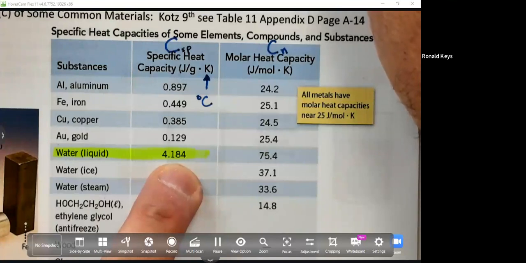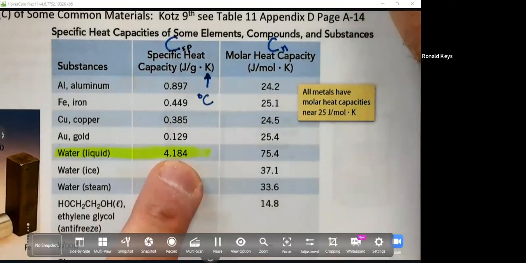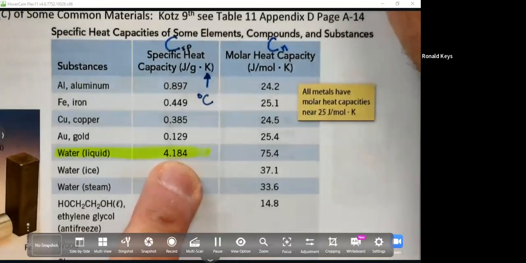It also makes it so that the lakes in the summertime, when it's 95 degrees out, don't get up to 95 degrees. So the fish stay alive. It takes a lot of energy to heat up water and a lot of energy to cool down water.